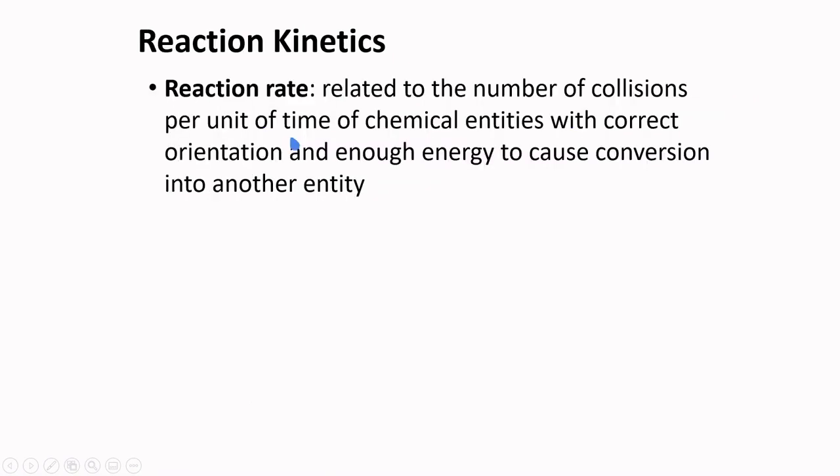On to reaction kinetics. Here we are concerned about the rates of reaction. Reaction rates are related to the number of collisions per unit of time of chemical entities with the correct orientation and enough energy to cause conversion into another entity.